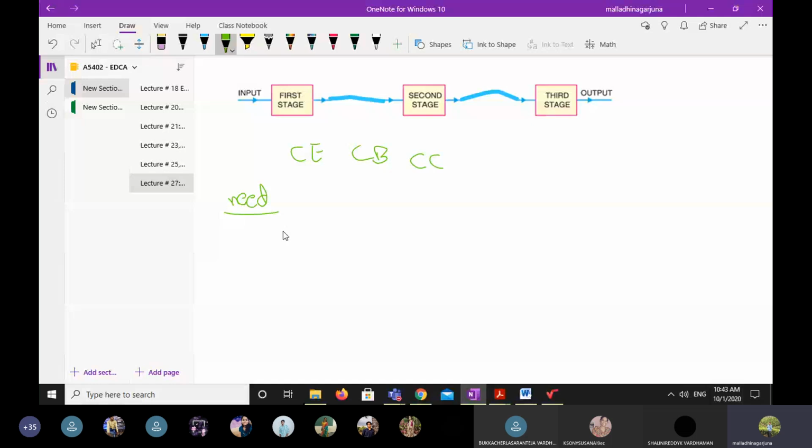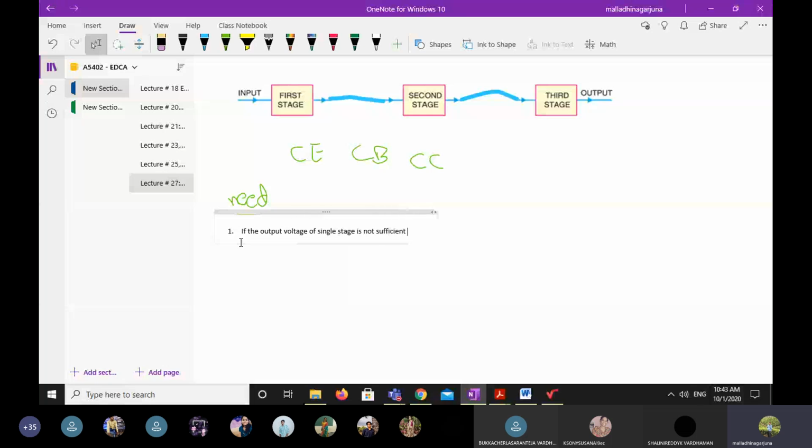The first point is that if an application is not satisfied by the output voltage of a single stage amplifier, that means the output voltage of the single stage is not sufficient.